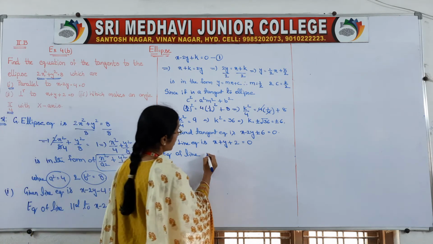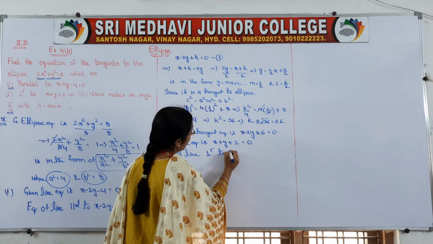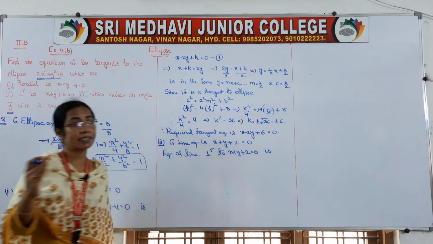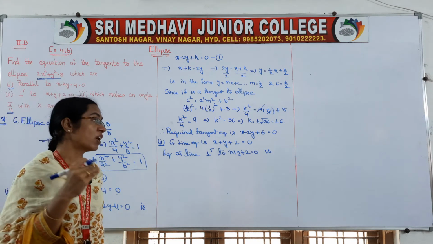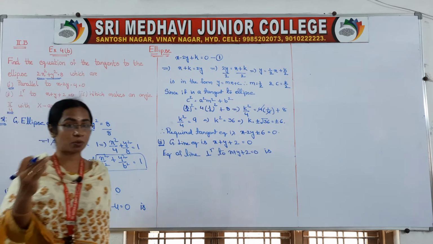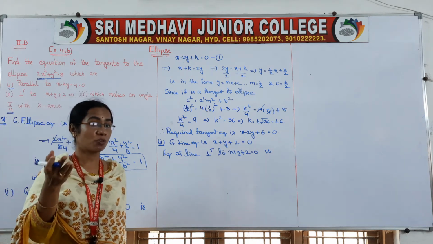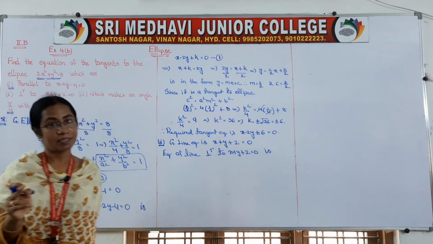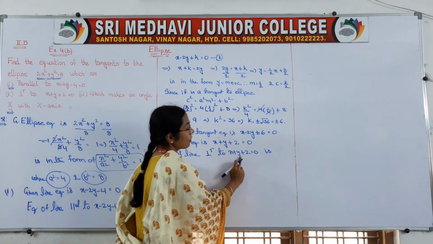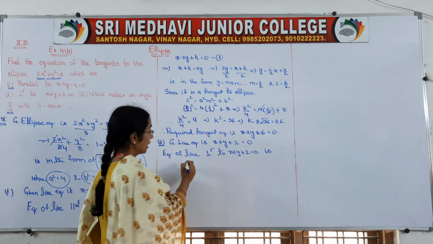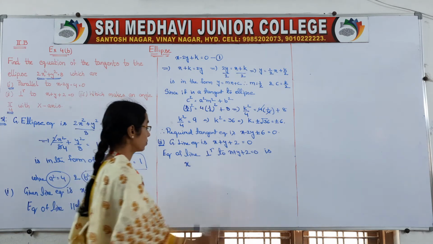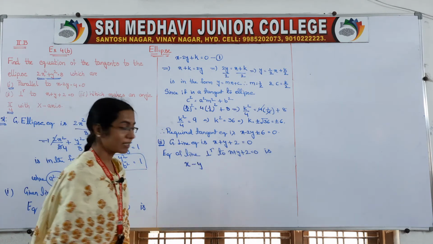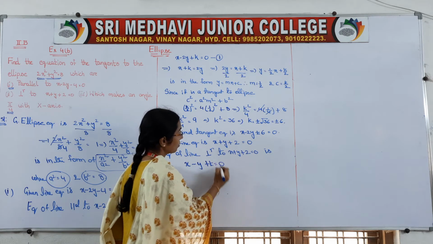So, equation of line perpendicular to x + y + 2 = 0 is, as I said while dealing with straight lines: if we want to take the perpendicular line to any line, the x coefficient goes to y, the y coefficient comes to x, and in the middle a minus sign will be there. Here the x coefficient is 1, the y coefficient is 1, so the y coefficient comes to x, in the middle we get a minus sign, plus k = 0.